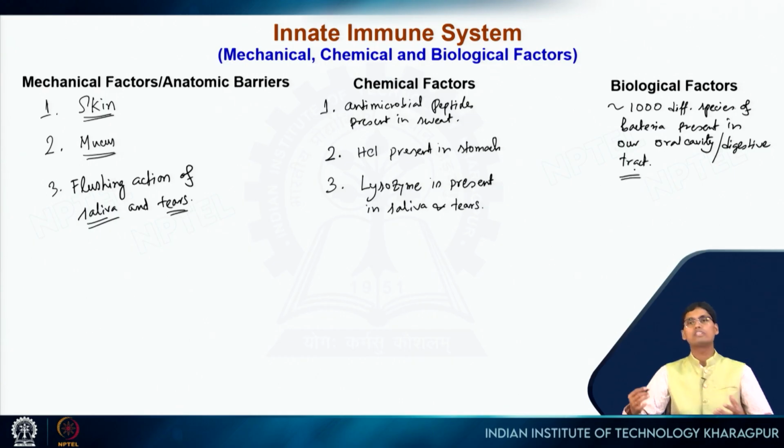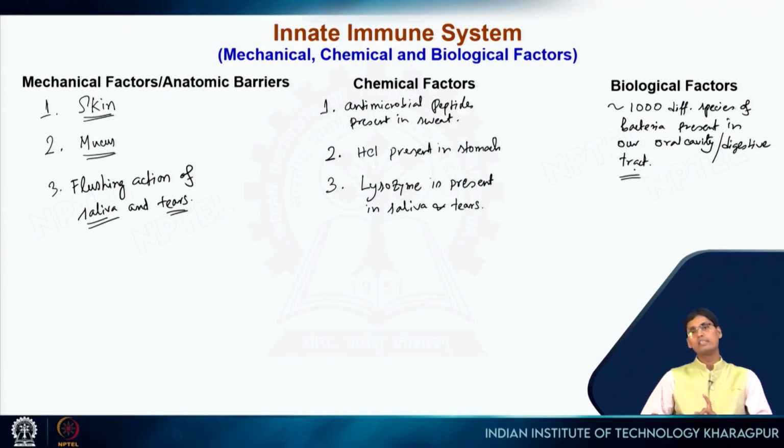That means a lot of different types of bacteria are present in our digestive tract, and they are not creating problems for us. Rather, if some pathogenic microbes try to colonize our body, they need to compete with these good bacteria which are already present. So these bacteria are actually helping us prevent infection, because the pathogenic bacteria need to compete for nutrients, for colonization, for all those things, right? So this is also very helpful.